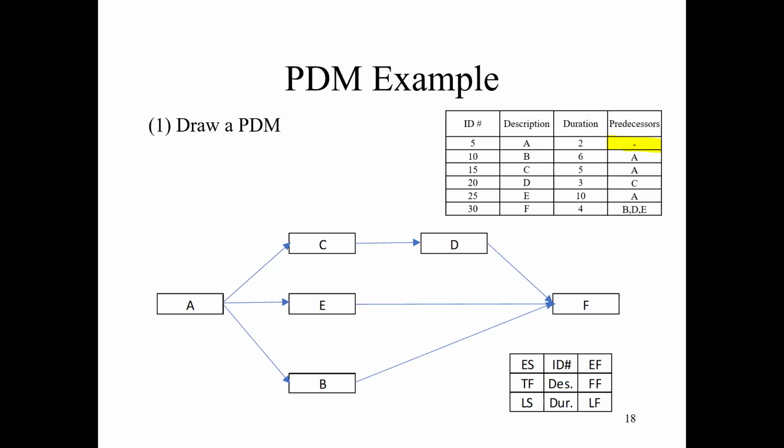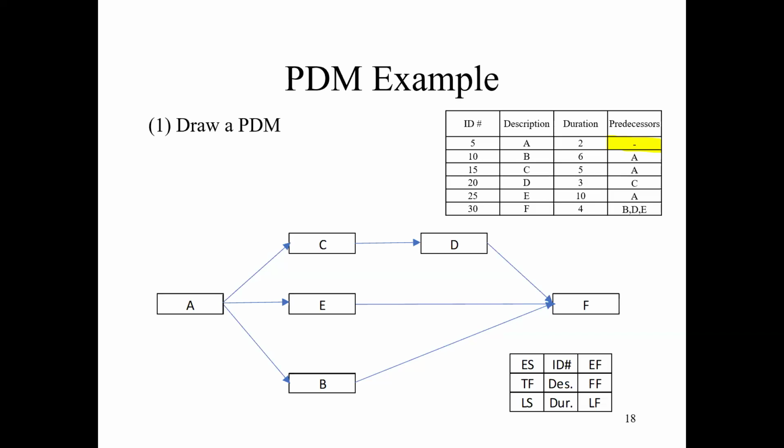So now you get this one. You will convert this one to the diagram. When you convert this one to the diagram, I prefer to use this legend: EF, ES, LS, LF, TF, FF, ID, description, and duration. So 9 boxes, 3 times 3.